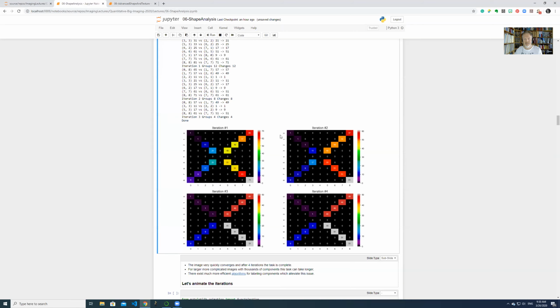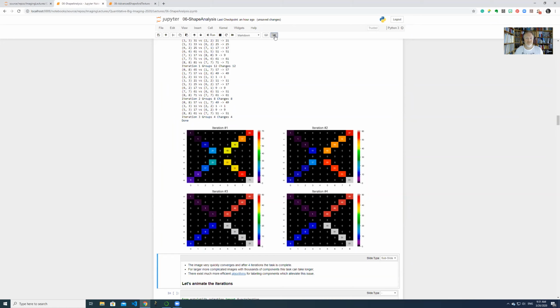Then we go to iteration 2, you can see that the 1s are propagating down this object, the same way as the 49s are propagating up along this one. And the 9s are going up along this one, and 51s are going down this one. In the next iteration, you can see that all are actually labeled already. And then we need to do a last run to check that there are no more changes.